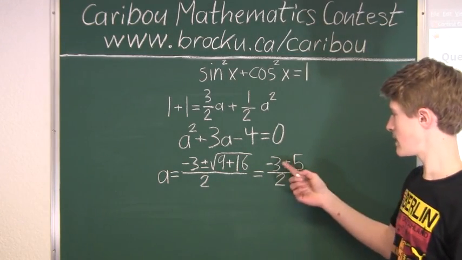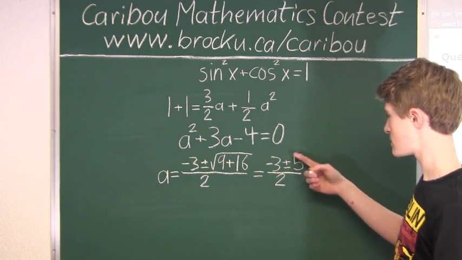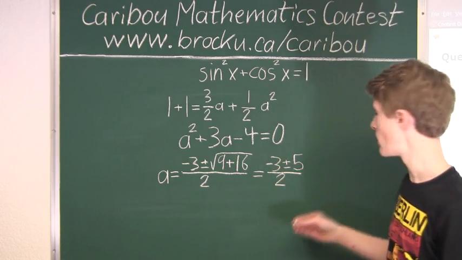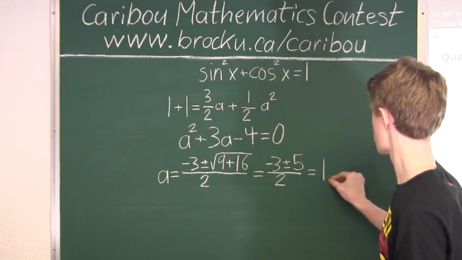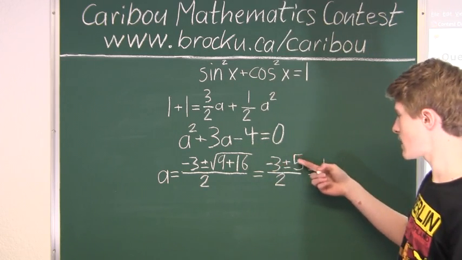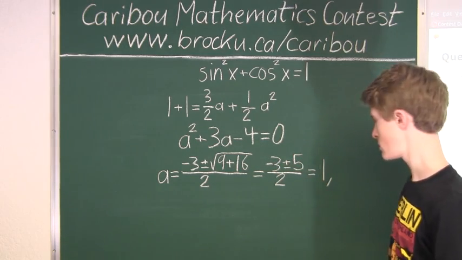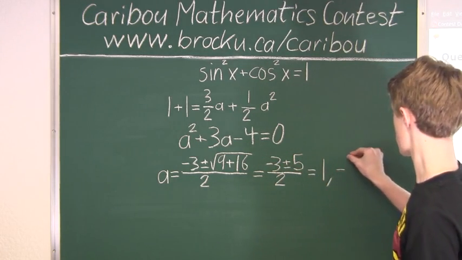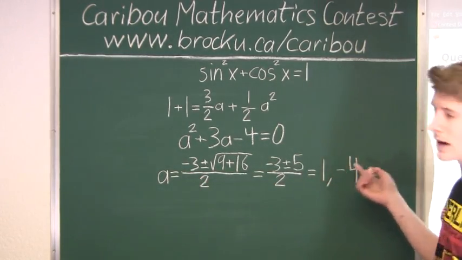So for the first case we will add 5. So we have minus 3 plus 5 is 2, over 2 is 1. And then, if we subtract 5, we have minus 3 minus 5 is minus 8, over 2 is minus 4. So for now, a equals either 1 or minus 4.